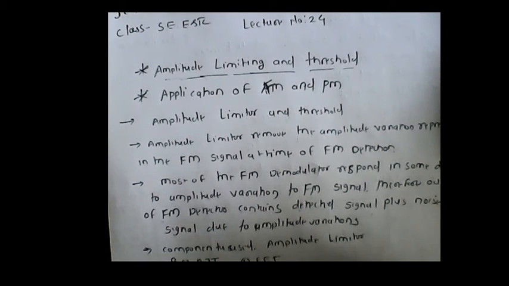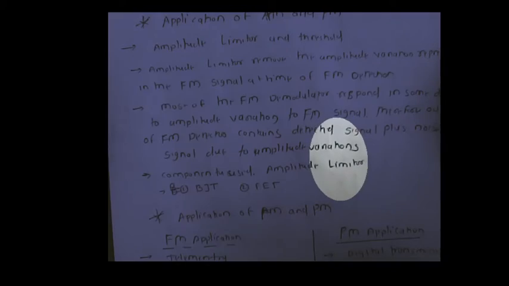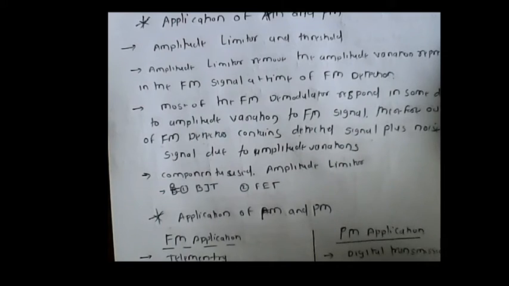There are two components which can be used for the amplitude limiter: the first is a bipolar junction transistor and the second is a FET. So this is about amplitude limiting and threshold.